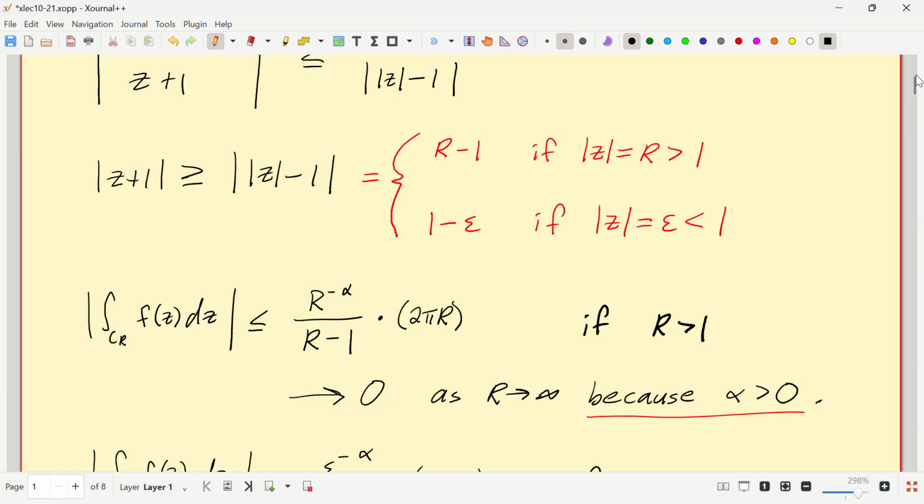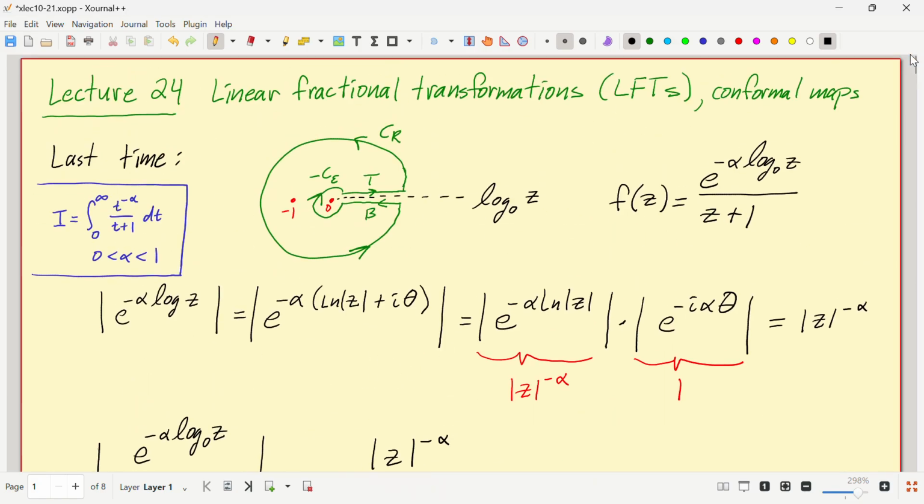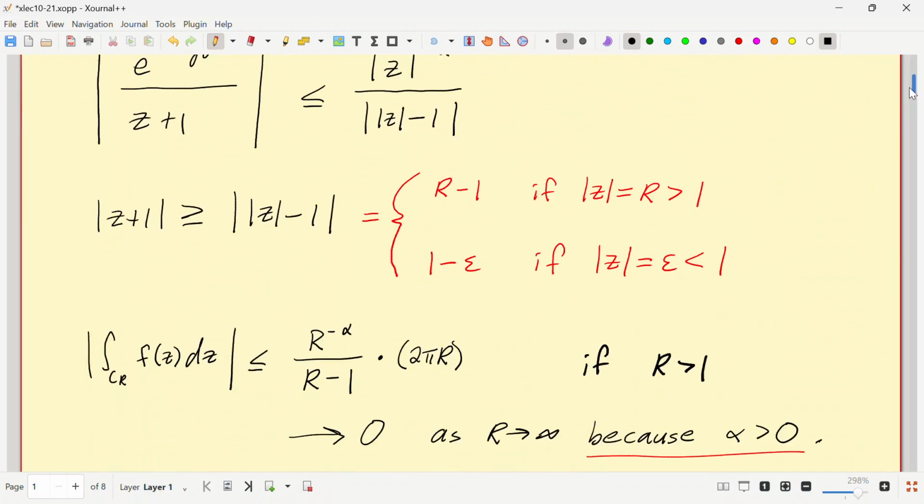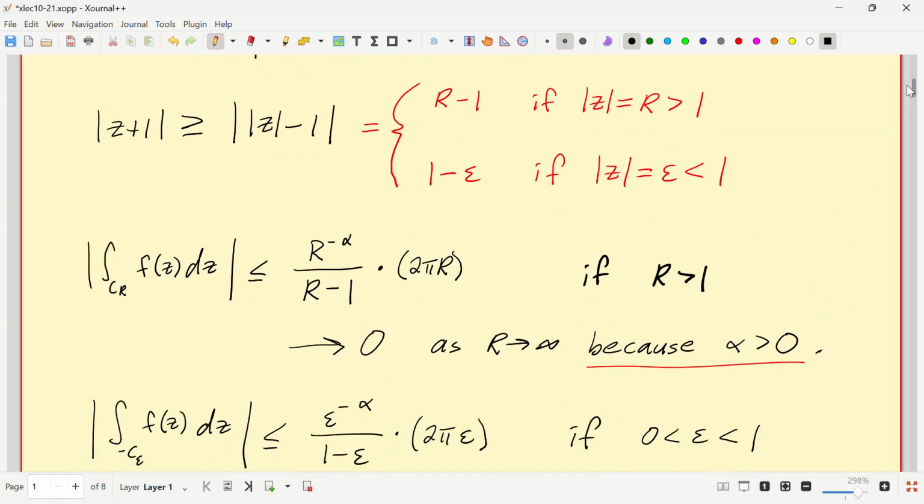And notice the length is not all the way around. C sub r is slightly less than 2 pi r. When the mouth is open a little bit, that length is strictly less than 2 pi r, but at least that's a bound for it.